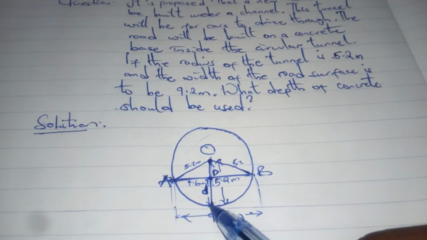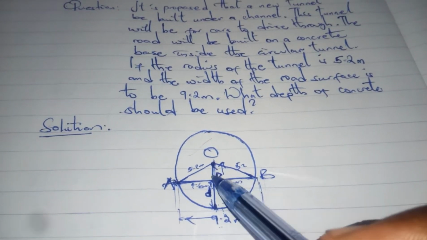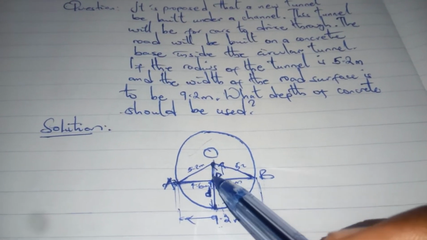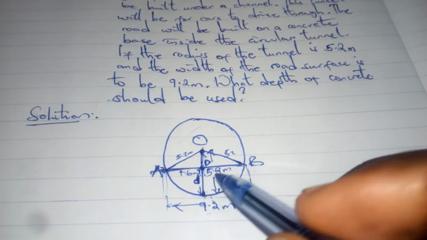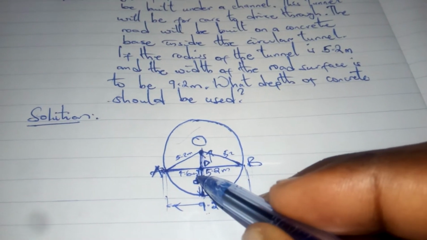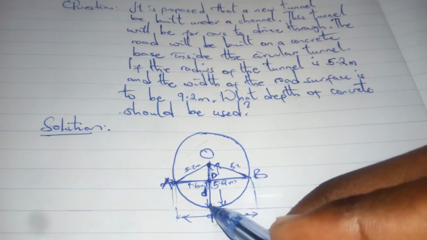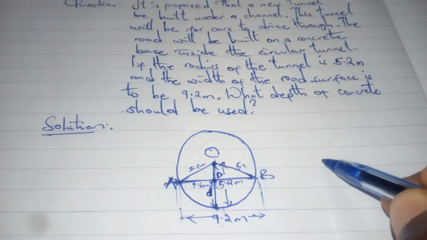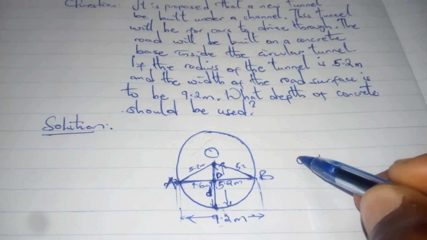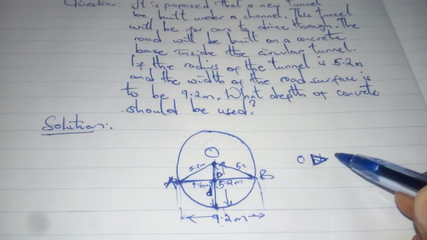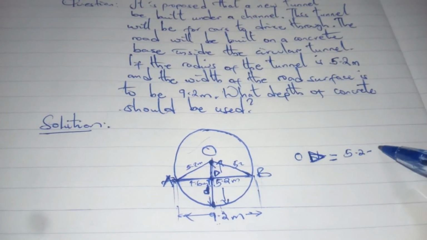Remember, we know the whole of that length is 9.2, so we may have that this d will appear in this short distance OD. So you realize that if we have O up to this base, which is 5.2, OD will actually be 5.2 minus d.